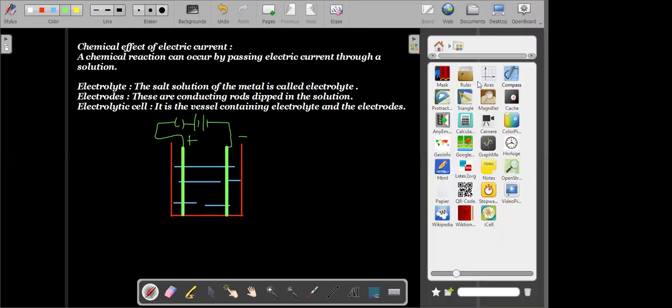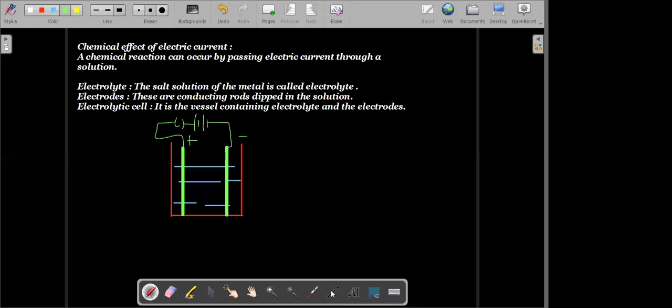So this setup is called my electrolytic cell. This liquid is the electrolyte. This is an electrode, and this one is also an electrode. So these two are the electrodes.